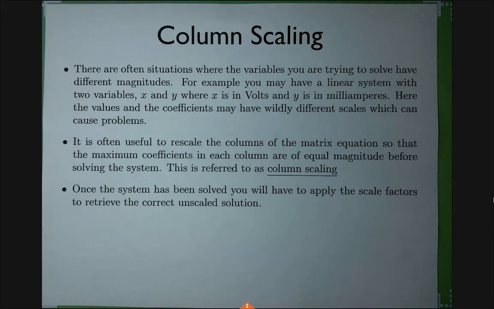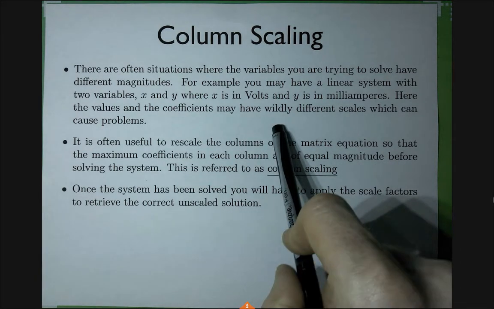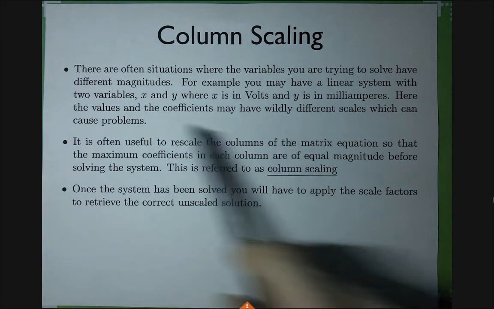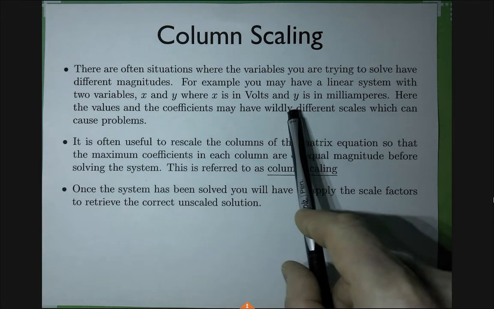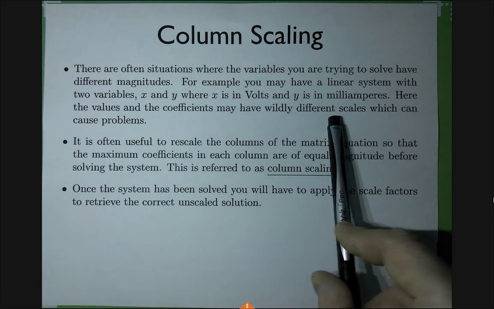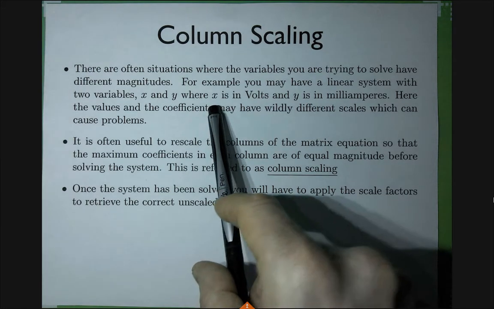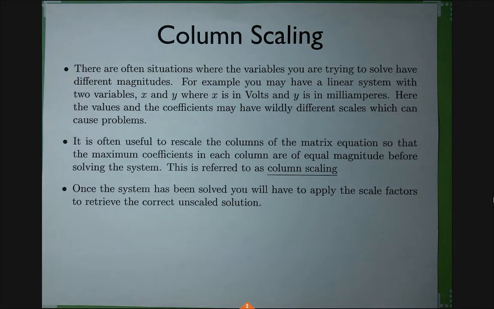Typically, if your linear systems come from some applications, then the variables sometimes have some units, like volts or milliamperes or something. And sometimes it can happen that some of these units naturally have larger numbers associated with them, and some of them have smaller numbers. And sometimes this can also create numerical problems due to rounding errors.